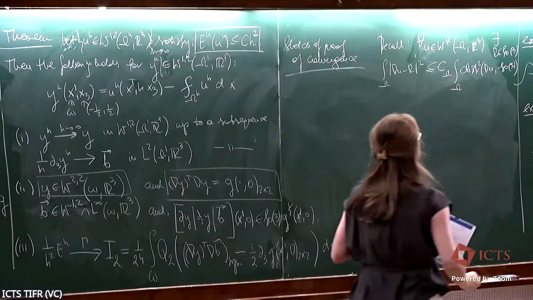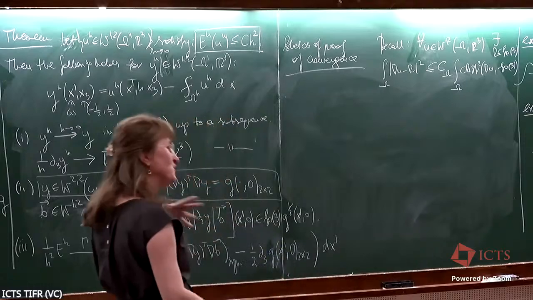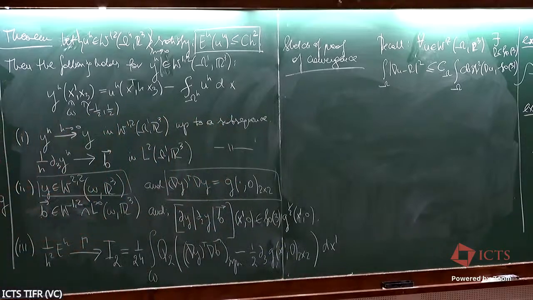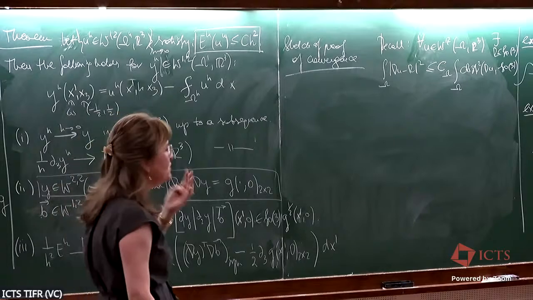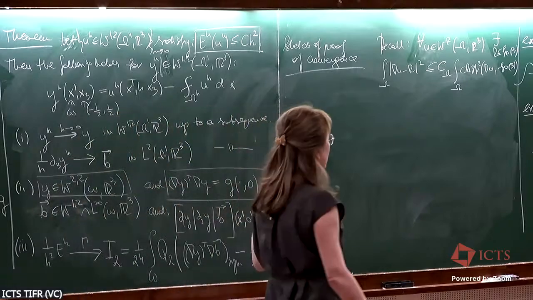That was the Friesecke-James-Müller rigidity estimate. That's a nonlinear version of Korn's inequality, and a quantitative version of the Liouville theorem that we discussed yesterday.